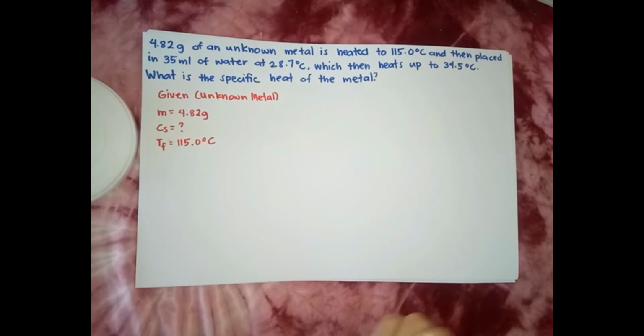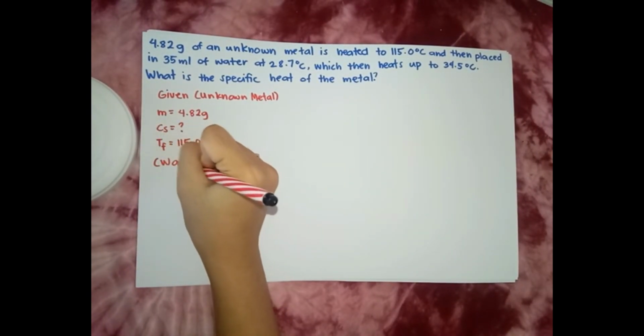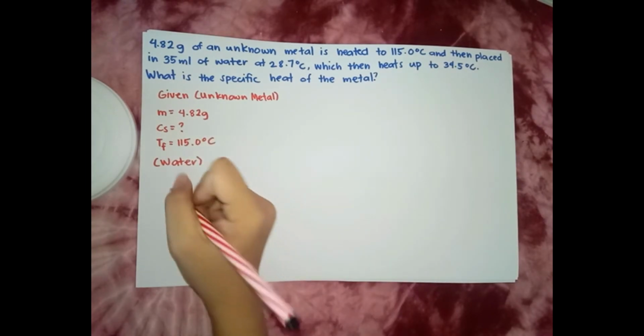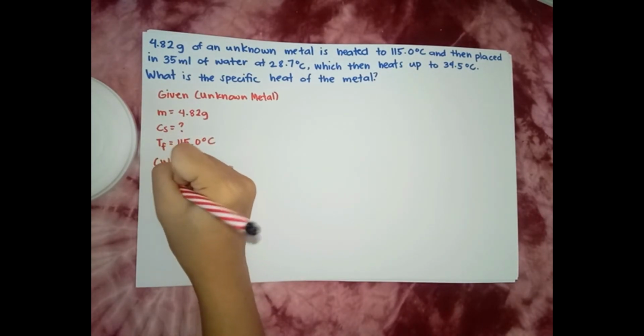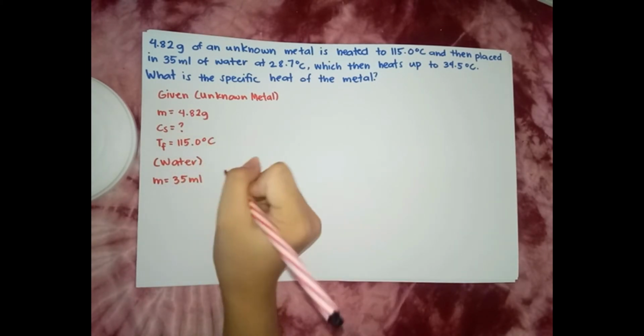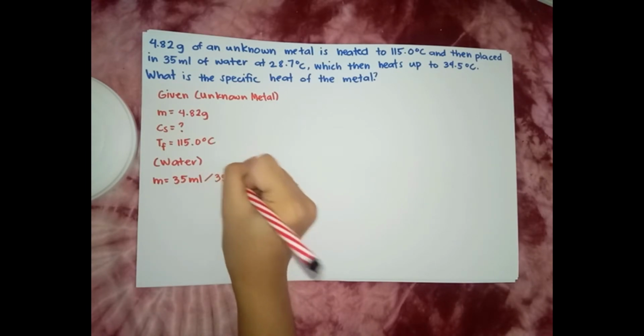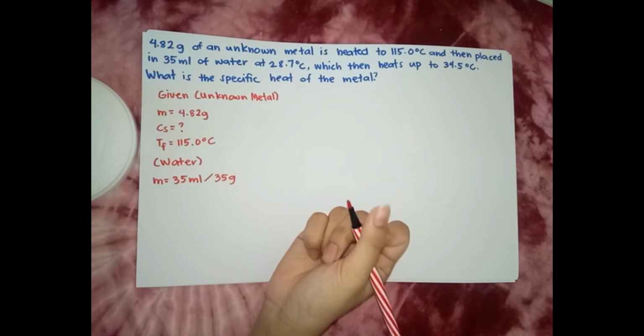So now we're going to write the given for the water, which is M equals 35 ml, or we can say that it is equals to 35 grams because it's just the same.